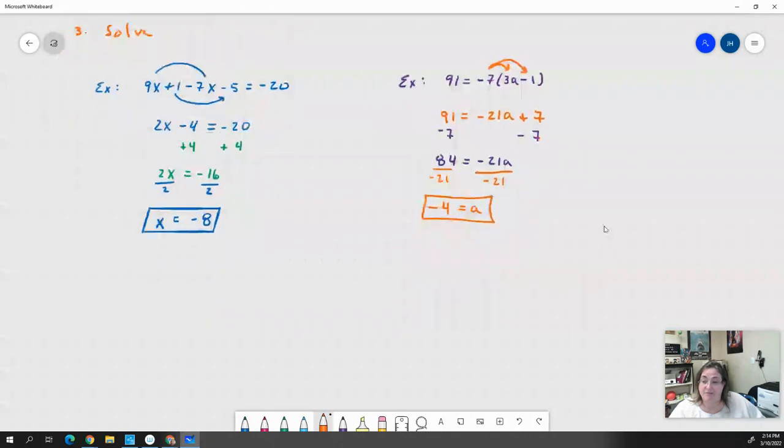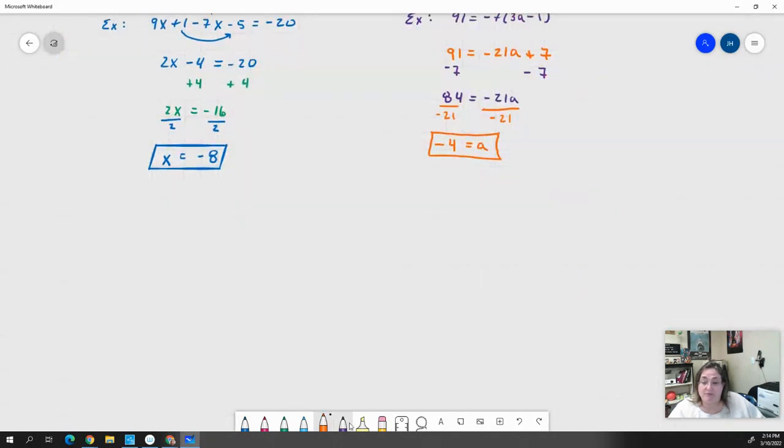Let's look at something a little more complex, and then we will move into variables on both sides. Let's use the pink.